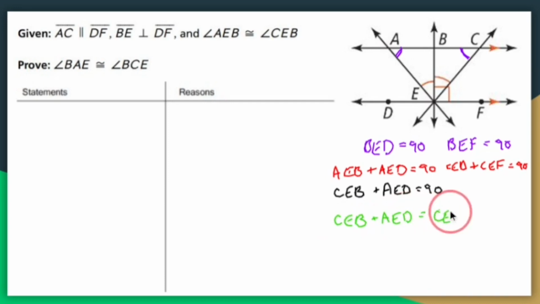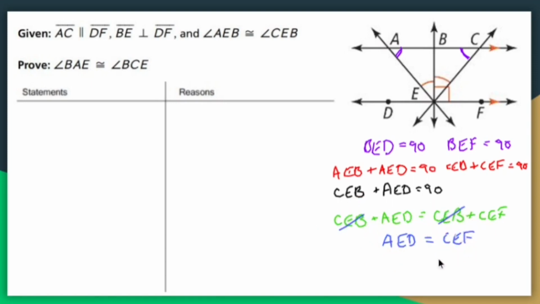So CEB plus CEF. Now, what I can do is, since CEB is on the left and the right, I can subtract that out and end up with AED equals CEF.